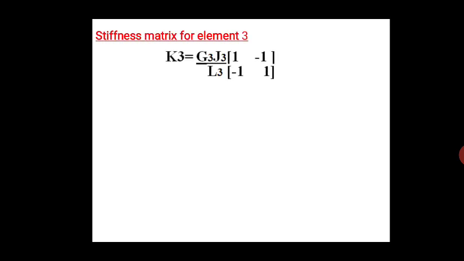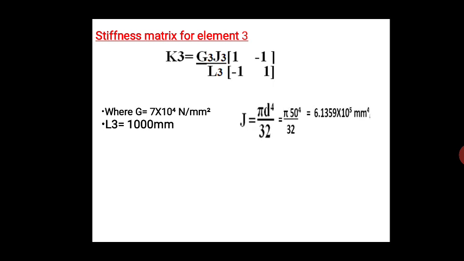Similarly, the element stiffness matrix for the third element can be written as K3 is equal to G3 J3 divided by L3 into [1 -1; -1 1]. Now since it is the same material, G remains the same, that is G is equal to 7 into 10 raised to 4 Newton per mm square, and the length of the third element is 1000 mm. The rigidity is also the same because the diameter is uniform.